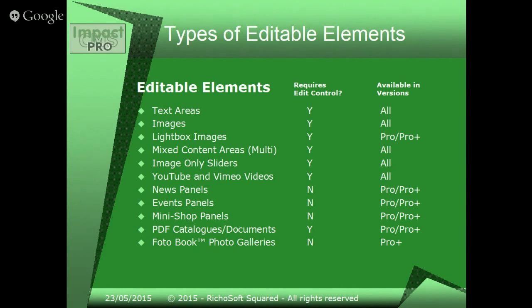Some require the edit control and some do not, such as the news panels. And in the basic version, as you can see, you get text areas, images, mixed content, sliders, and YouTube videos. And in Pro and Pro Plus, you get all the other features except the photo book galleries, which are only in Pro Plus.